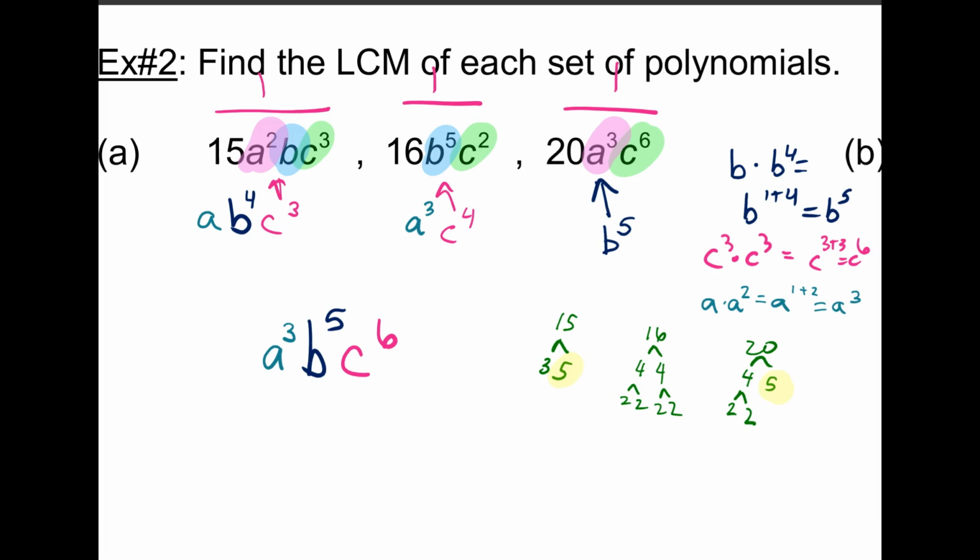I'm looking for the least common multiple. Okay, so 15 and 20 have a factor of 5. Let me pause a second. They could both be 60, right? Well, 15 and 20 can both go into 60, but 16 can't go into 60.